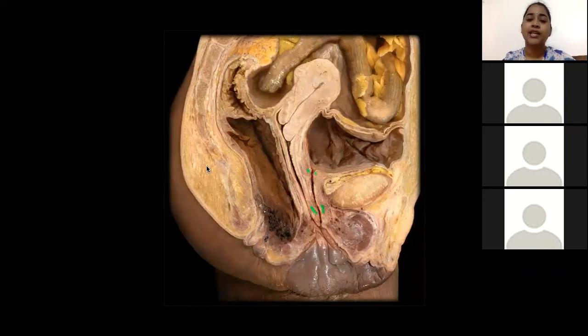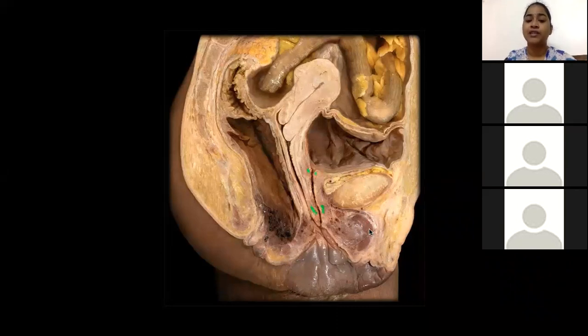So the first identification feature, whether it is male or female, is going to be difficult for you to understand. Now see here, anterior to posterior structures. The first thing you have to do is feel for the pubic symphysis. This is the pubic symphysis, the bone. You have to keep your fingers on the pubic symphysis and feel for the bone.